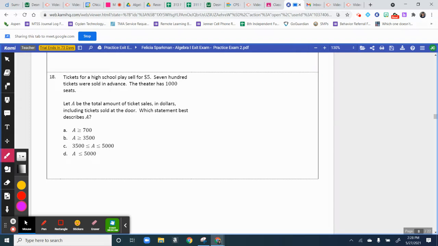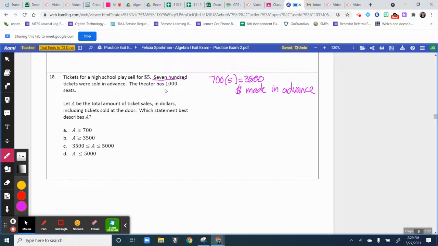So we have to think about kind of the two sets of numbers, right? So some of them were sold in advance. So if we take 700 and multiply it by 5, this is money made in advance, right? But that's not necessarily all the money they're going to make.